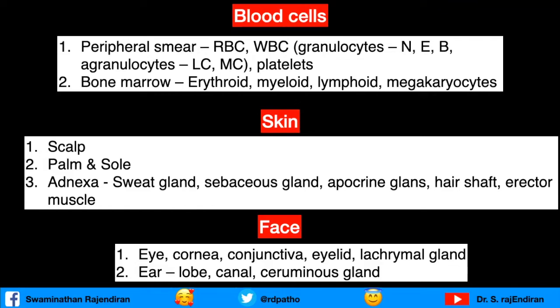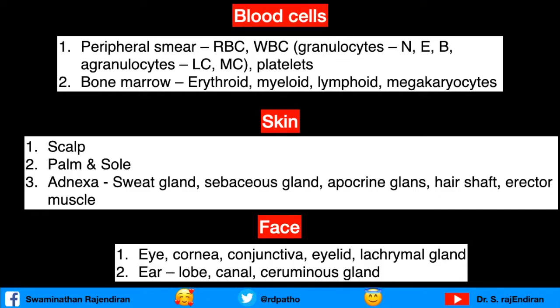Coming to the skin, it looks different in the scalp, palm, and sole. And skin is more interesting by showing its adnexae, which are nothing but sweat glands, sebaceous glands, apocrine glands, hair shafts, and erector muscle.